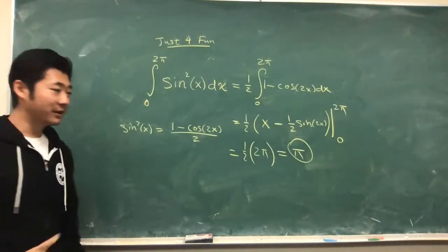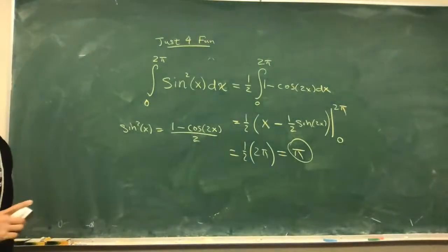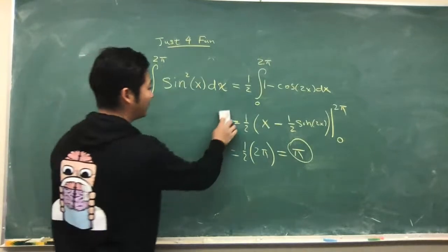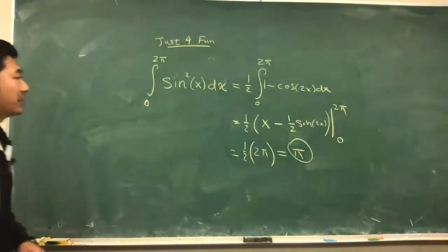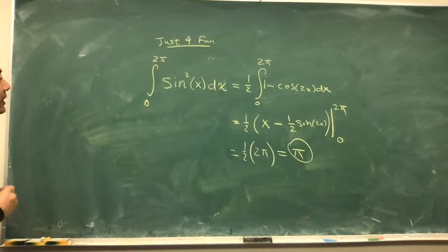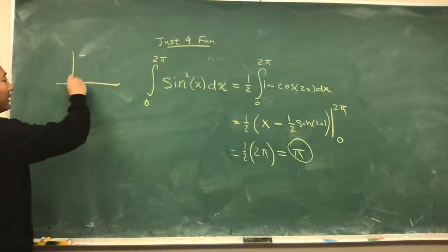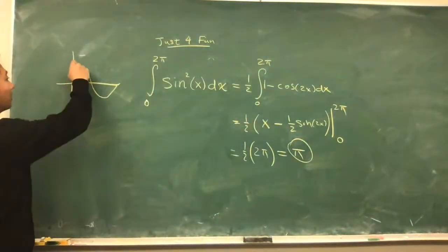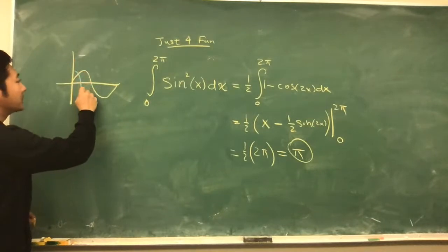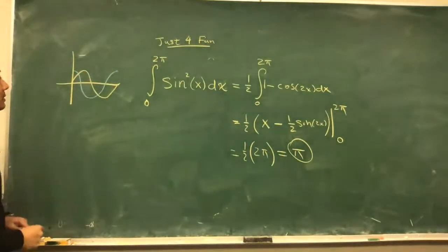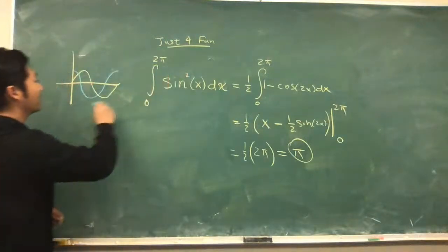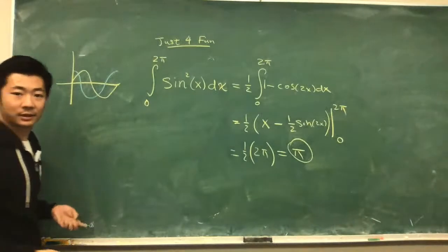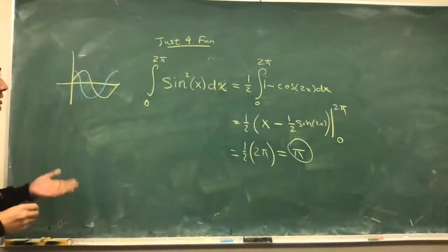Okay. But there's an easier way to do this particular one if you use symmetry. So somehow on the interval from 0 to 2 pi, the sine function looks like this, and the cosine function looks like just its shift, like that. But if you're squaring it, then the area in between these things, well, they're all non-negative, and so they're going to be equal.